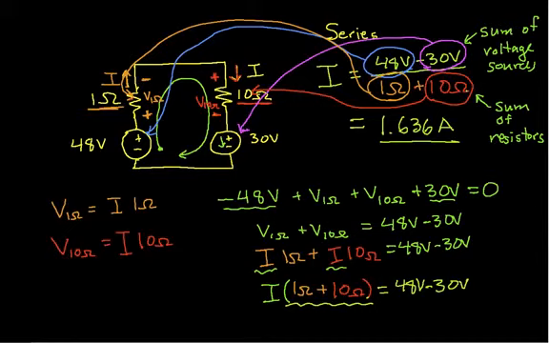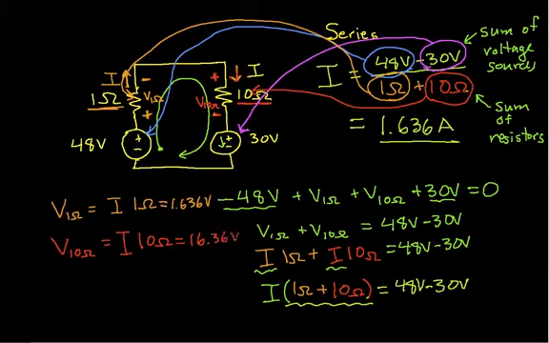Okay, so having computed I, I can now go back and compute the voltage across the 1 ohm resistor. So V1 ohm is going to be I times 1, so this is going to be 1.636 volts. V10 ohms is going to be I times 10, so this is going to be 16.36 volts.